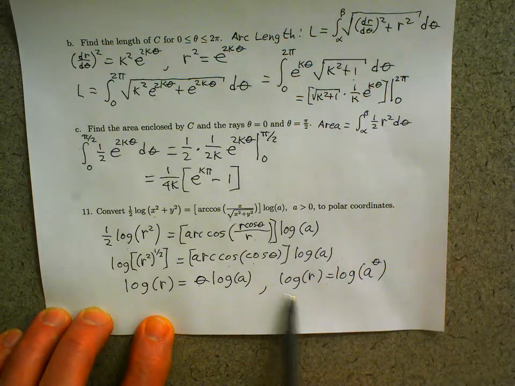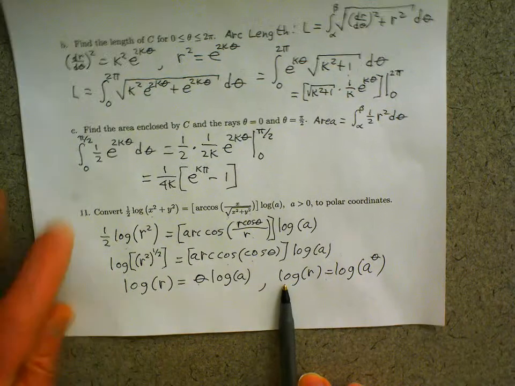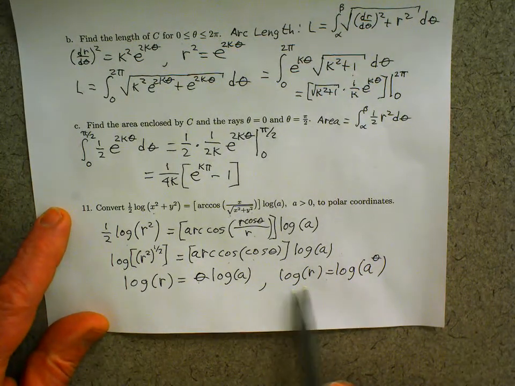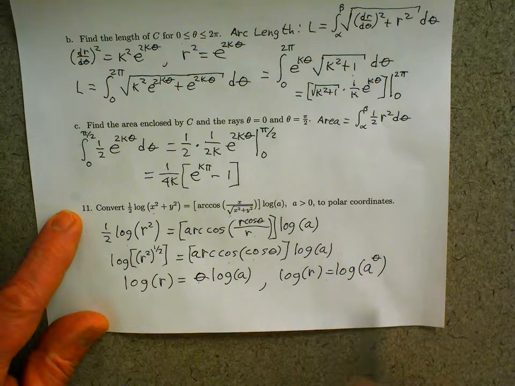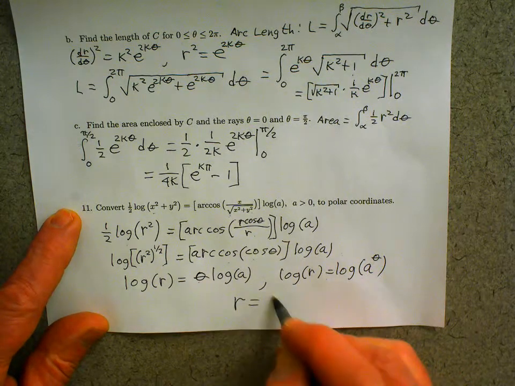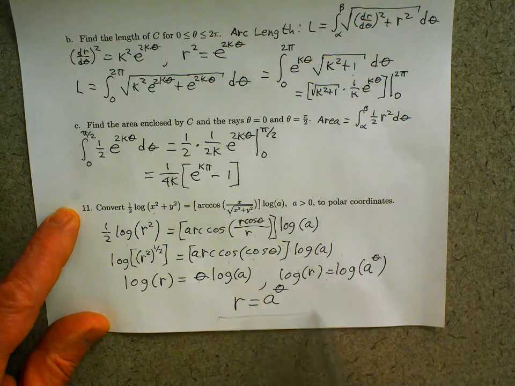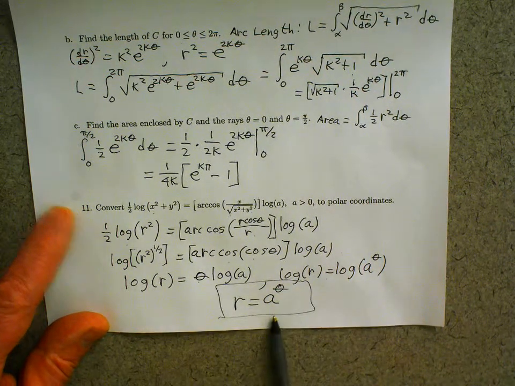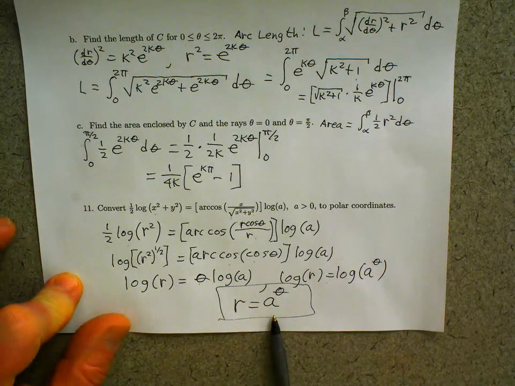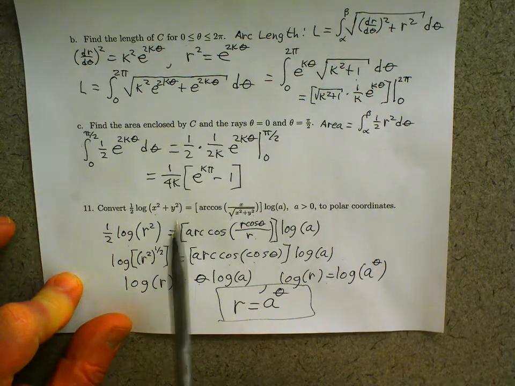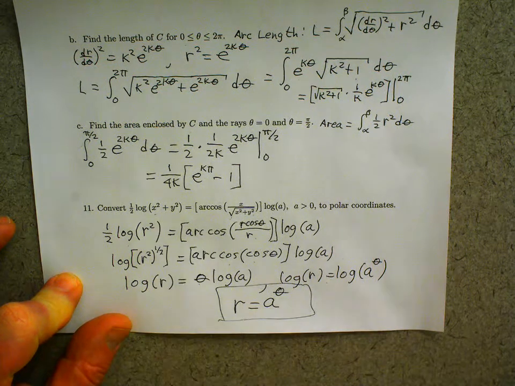Since the logarithmic function is 1-to-1, this must mean that r is equal to a to the theta. So that's the polar equation, which looks a lot simpler than the equation from which it came.